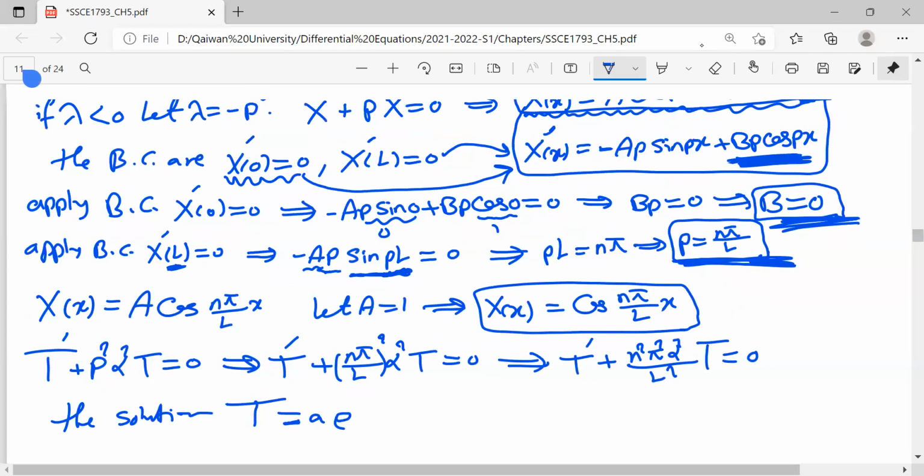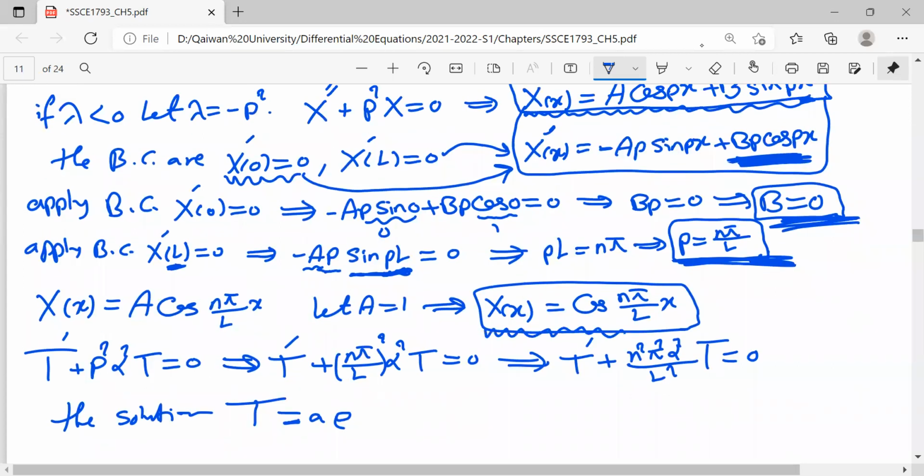As you see here, since X is cosine, that means here we get a cosine series. So that means we must have a, that's why I write down A for the constant. A e to the power negative n squared pi squared alpha squared over L squared t.